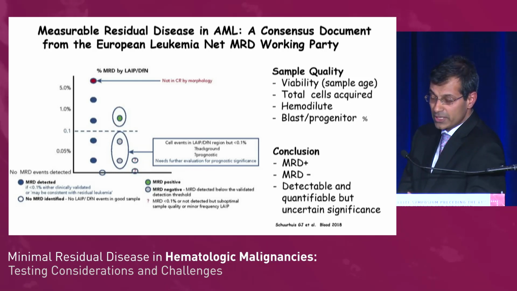It is also important, like I said before, to state the total number of cells that are acquired. It's important to find out whether the sample was truly hemodilute, because if the sample is not taken from the first pull, it could be essentially hemodilute. Also, the blast percentage or progenitor percentage needs to be stated.